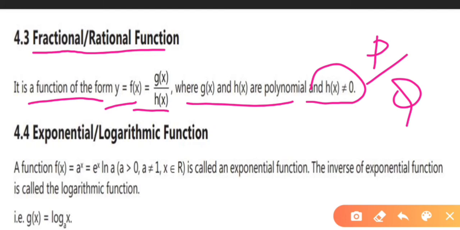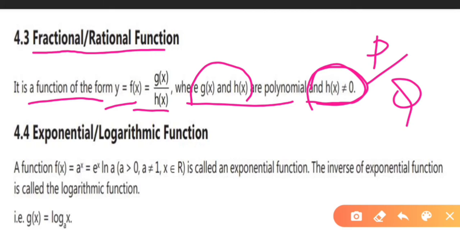Similar to rational numbers, here we use polynomials instead of numbers. Both are polynomials, and h of x is not equal to 0. If h of x equals 0, it will not be a rational function.